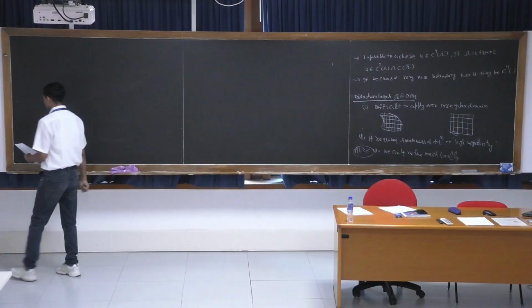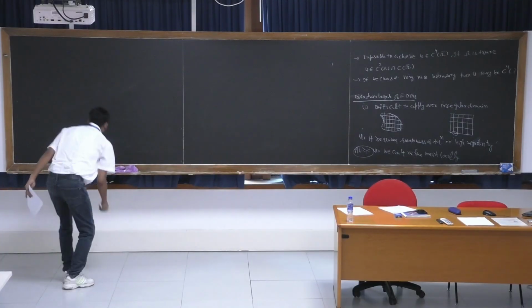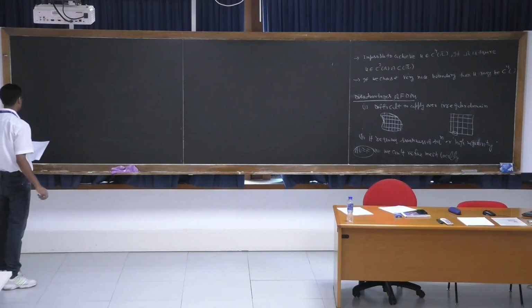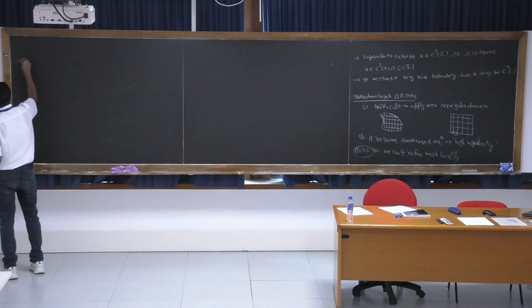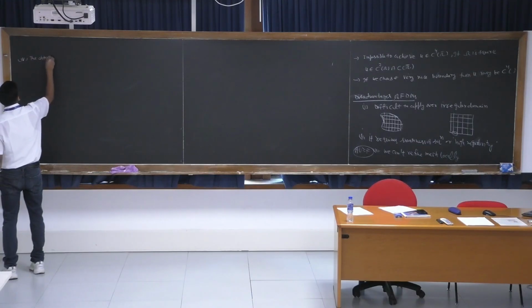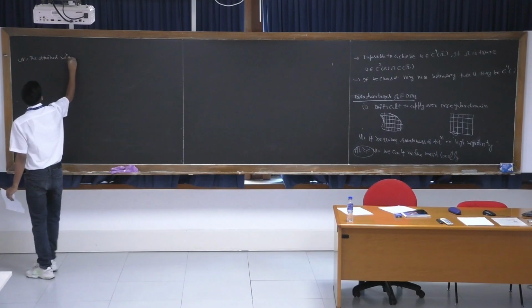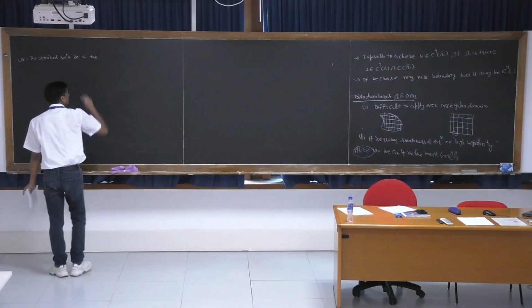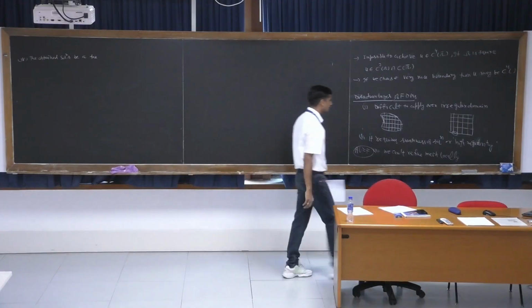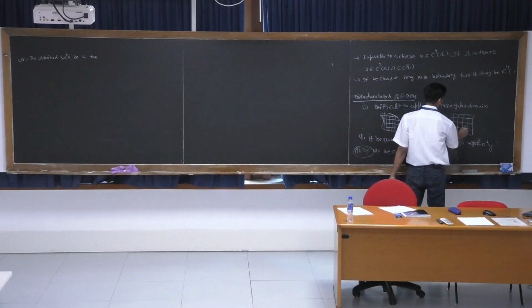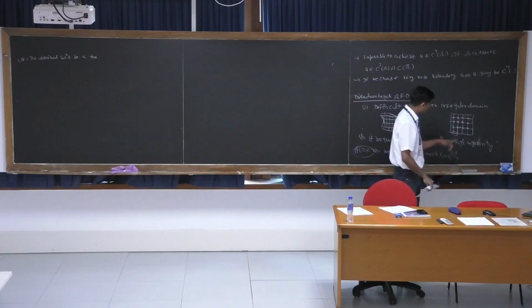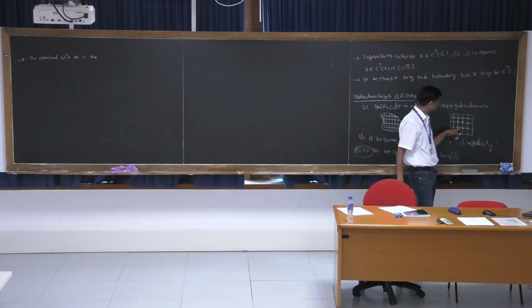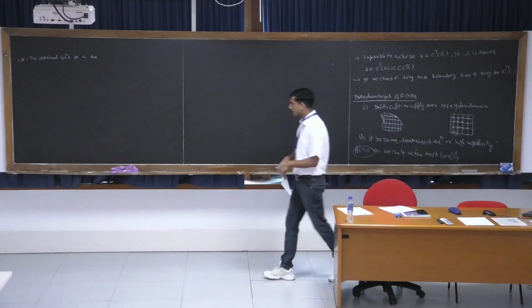And one more point is that the obtained solution is found only at the nodes in the finite difference method. If you have to find the solution at any point except the nodes, you have to go for some more interpolation.